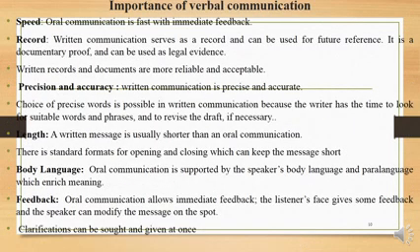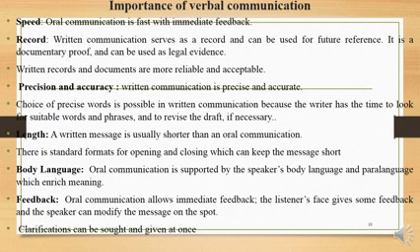Importance of verbal communication. In terms of speed, oral communication is fast with immediate feedback, while in terms of record, written communication serves as a record and can be used for future reference. In terms of precision and accuracy, written communication is precise and accurate.